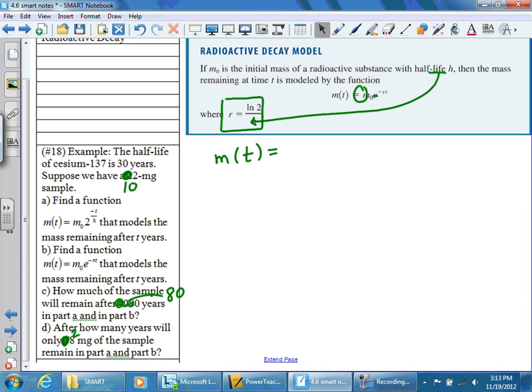Right here I have the 10 for my initial amount. I have 2 raised to the negative t over 30.